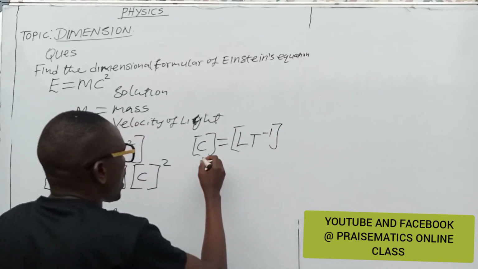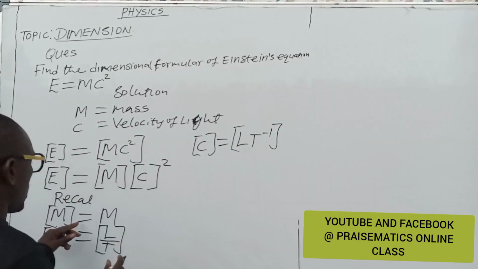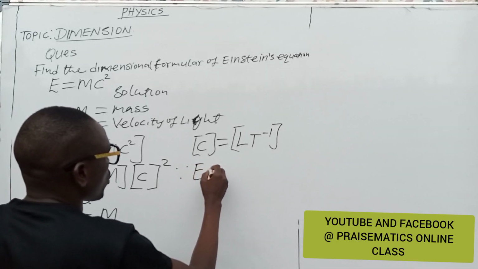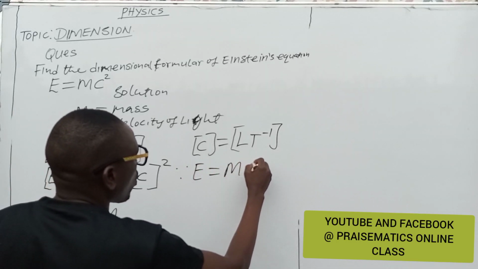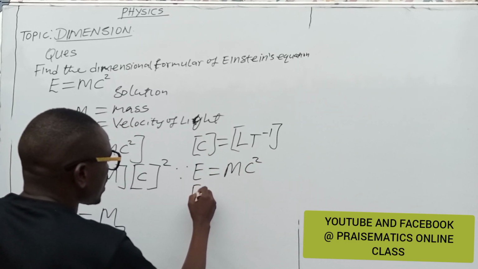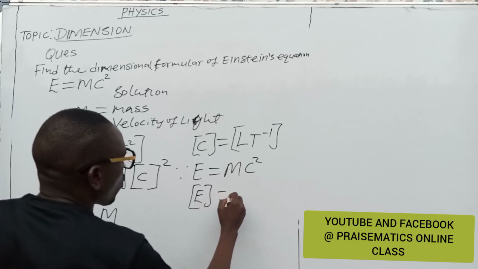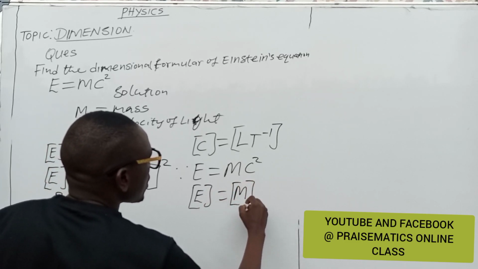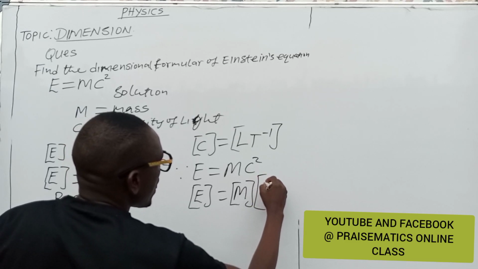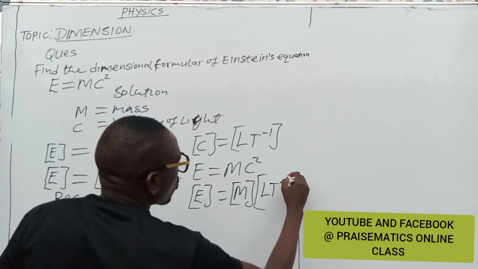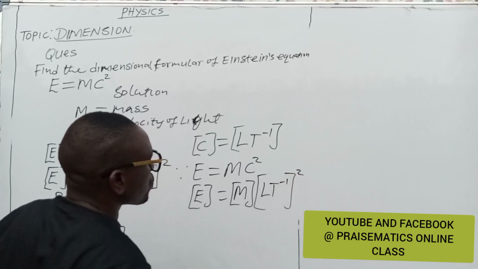And the mass, we already know our mass is M. Therefore, the dimension of Einstein's equation, mc squared, is equal to the dimension of mass times the dimension of (LT to the power minus 1) squared.